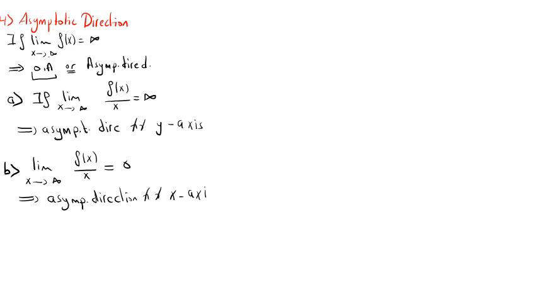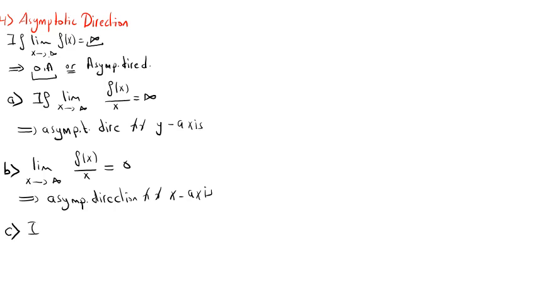At infinity, the answer is infinity, but we want to see how it is exactly going at infinity, in parallel to the y-axis or parallel to the x-axis. And the last case is the one from which we get the oblique asymptote, and usually the question will be to show that without finding it.